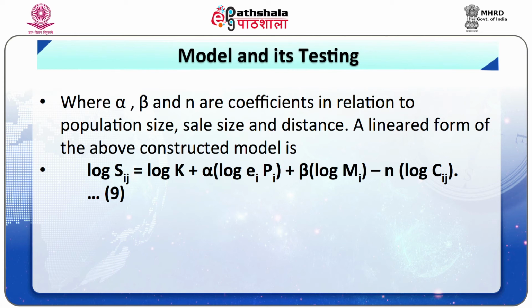A linear form of the above constructed model is log Sij is equal to log k plus alpha into log Ei Pj plus beta into log mi minus n into log Cij, and this is the equation 9.